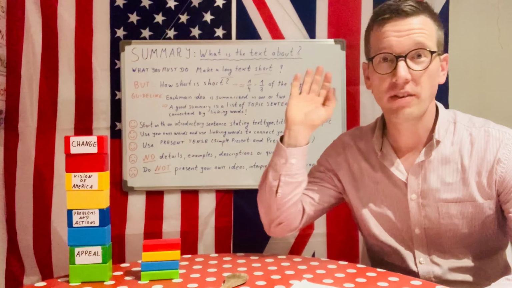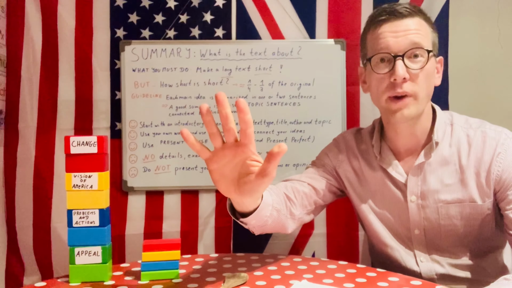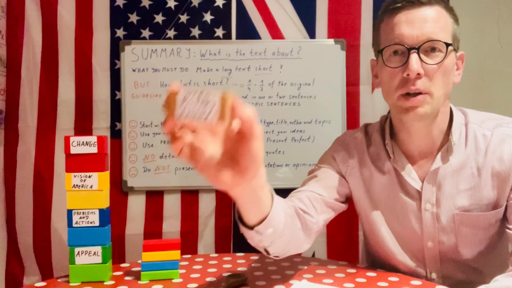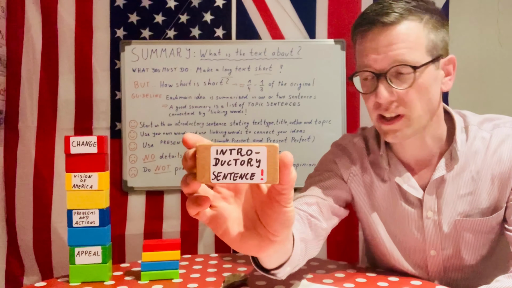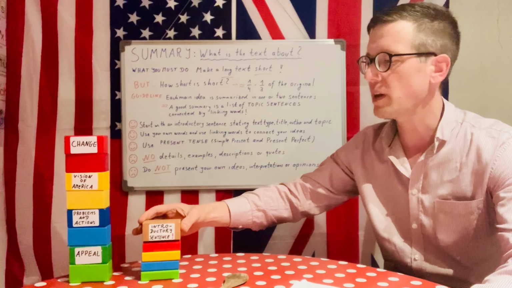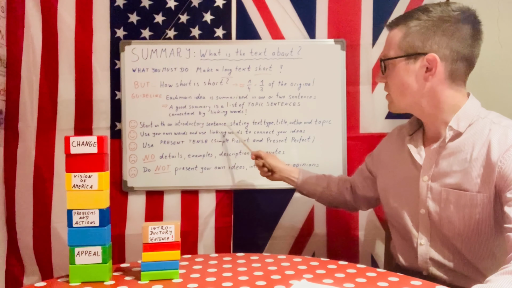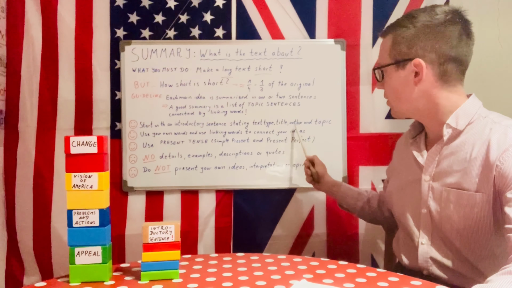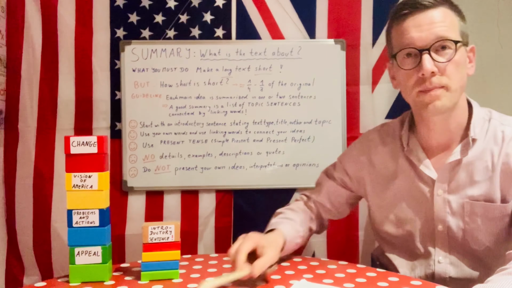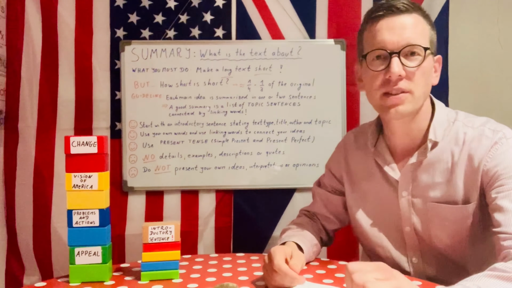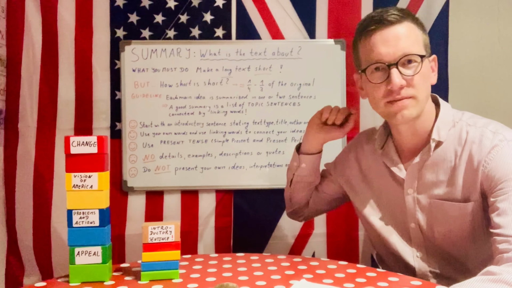To finish, there are 5 rules you need to follow when writing your summary. Number 1. Start your summary by writing an introductory sentence before you summarize the main ideas. The introductory sentence states the text type, the title, the author, and the topic. Also here you find little language boxes in your textbook.